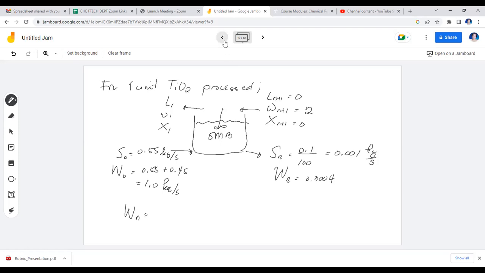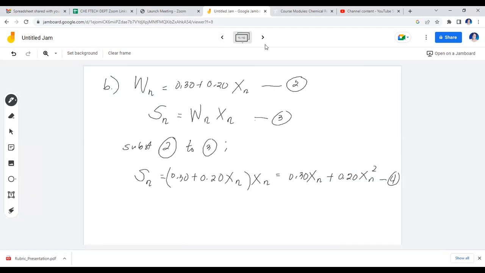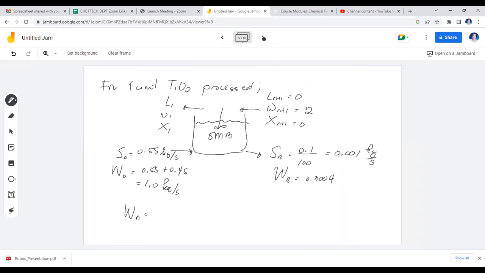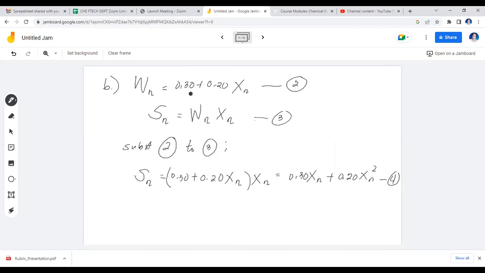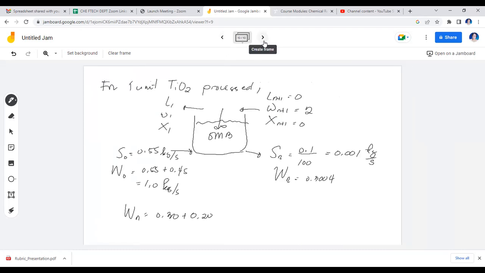We have this equation here, equation 2, which is 0.3 plus 0.2 x sub n. So we solve your W sub n from there.